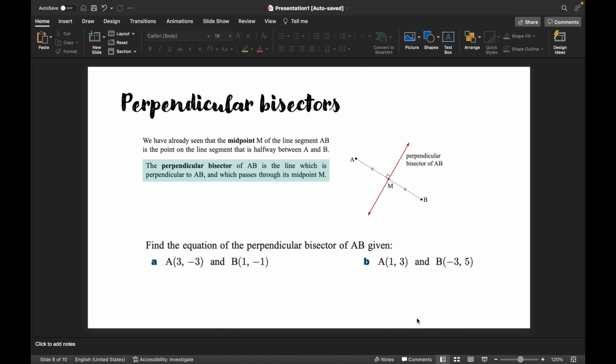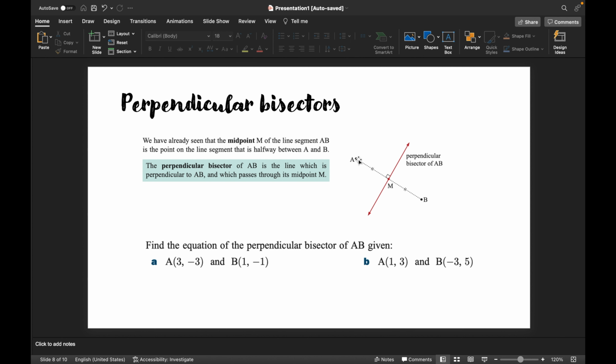Okay, now let's look at perpendicular bisectors. We've already looked at finding the midpoint of two points, and also at what perpendicular lines are. So a perpendicular bisector is a line which is perpendicular and cuts a line segment into two equal parts.